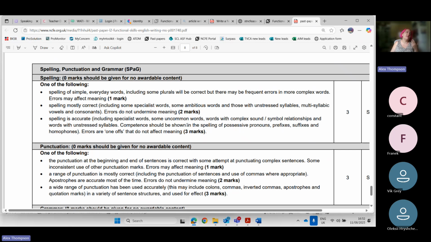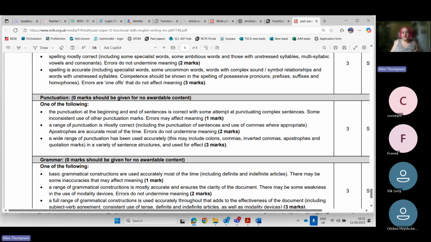My spelling should be correct. My typing is not always correct. So it says here, for the top marks, spelling should be accurate. However, we can have one-off errors, occasional errors in spelling, as long as it doesn't change the meaning of what we are saying.